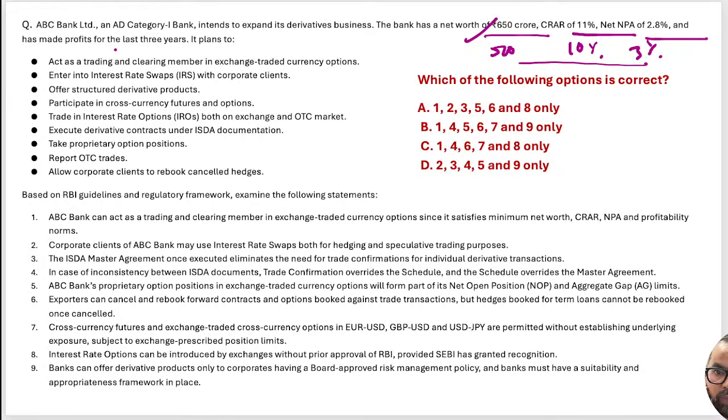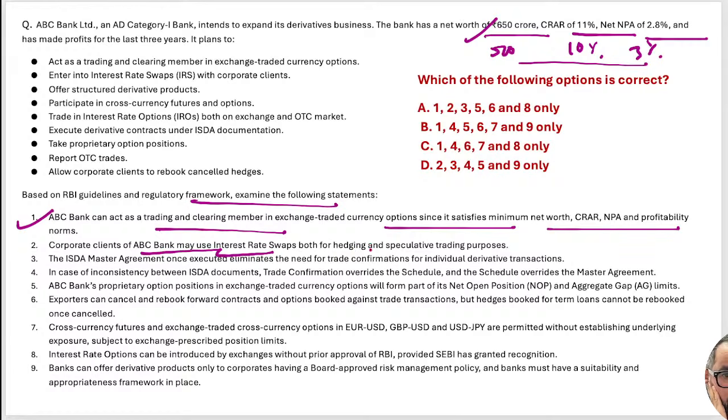That is the rule. So now if we come to the question: ABC Bank can act as a trading and clearing member for exchange traded options with minimum net worth, and this is true. A corporate client of ABC Bank may use interest rate swap for both hedging and speculation.